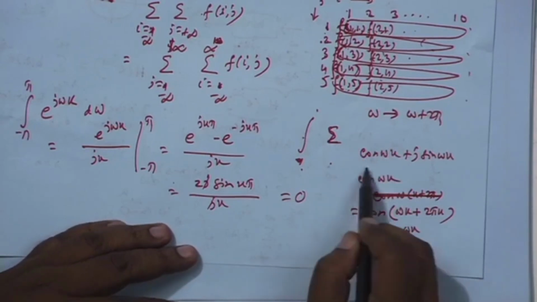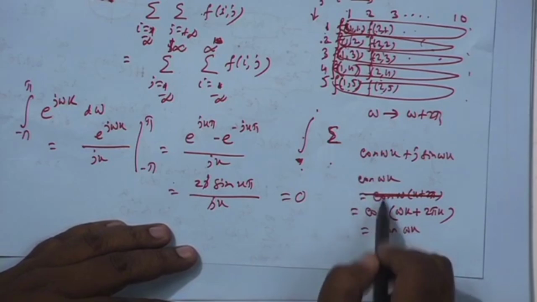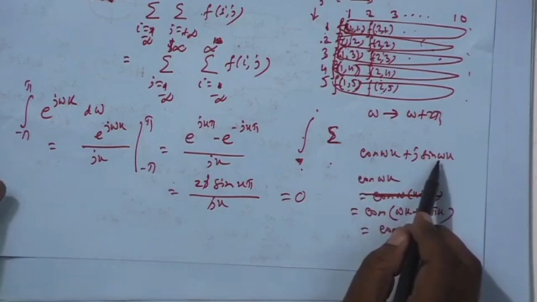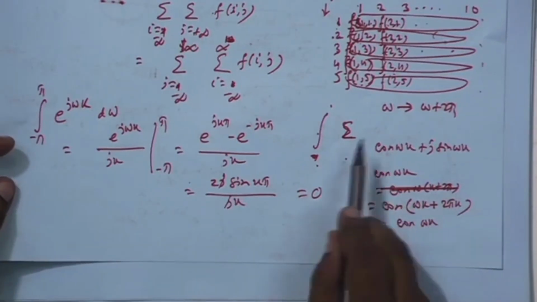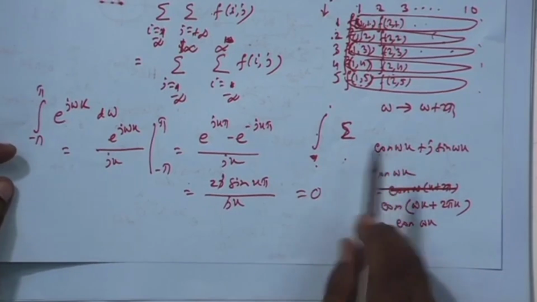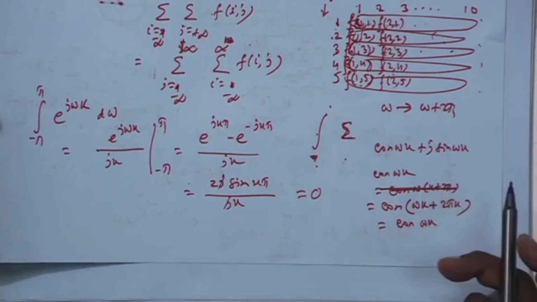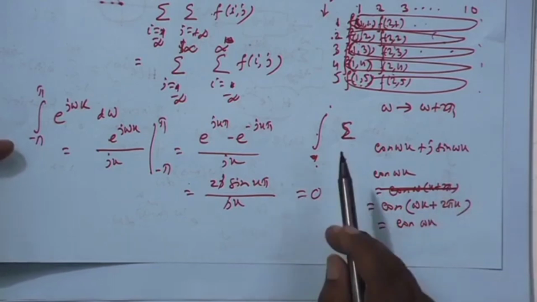So, this is periodic over omega with a period of 2 pi, and the same is true for sine. Over a period of 2 pi, it will have one full cycle, and if you integrate it over one full period, it will be 0, because positive half cycle, negative half cycle.